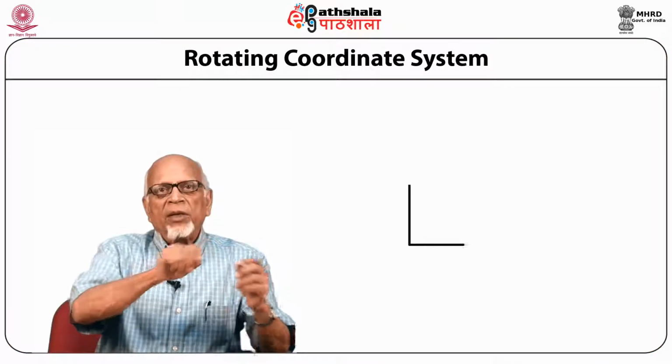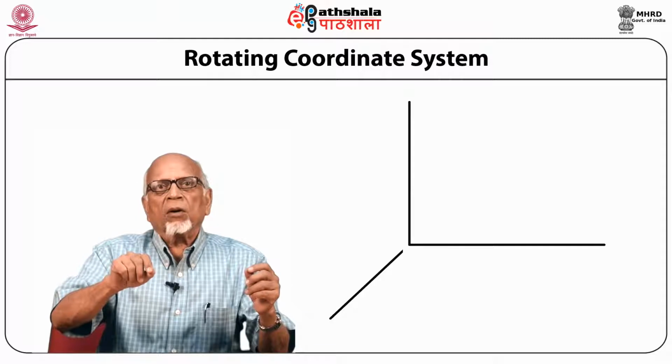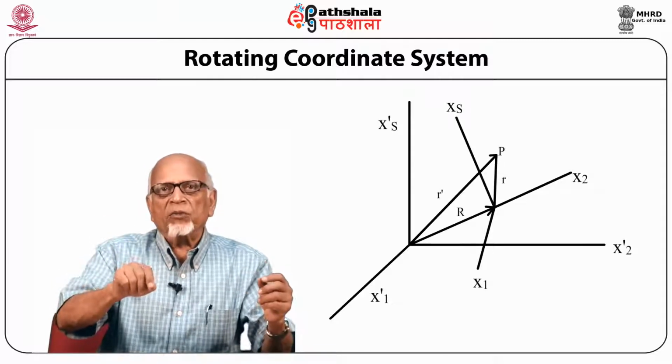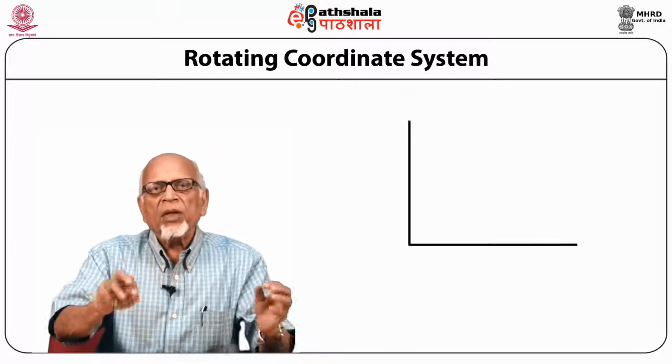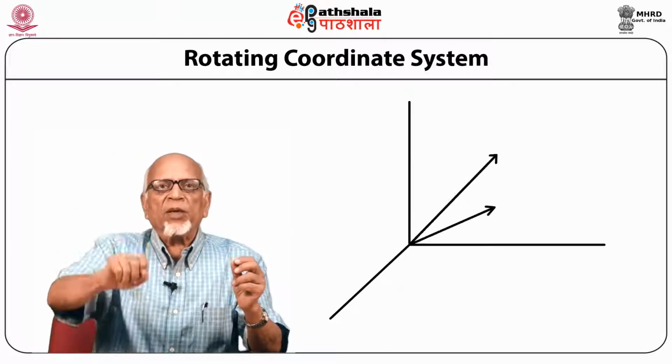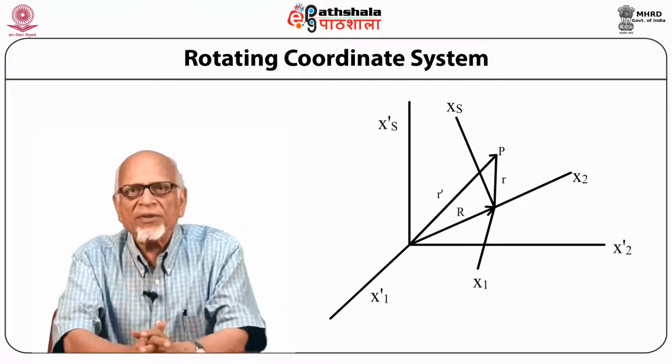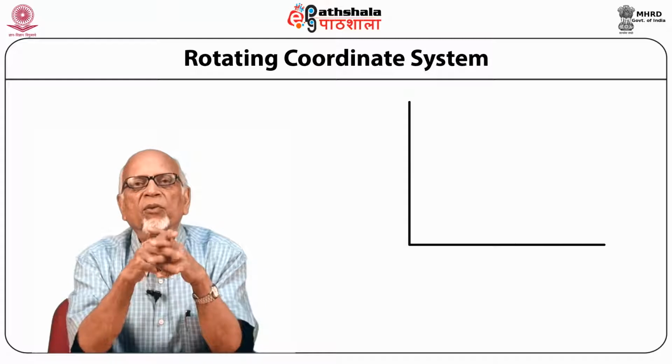So, capital R is the position vector of the origin of the rotating coordinate system with respect to the fixed inertial frame, and then the position vector of a point P in the inertial frame is simply given by the sum of these two vectors, which is clear from the diagram.